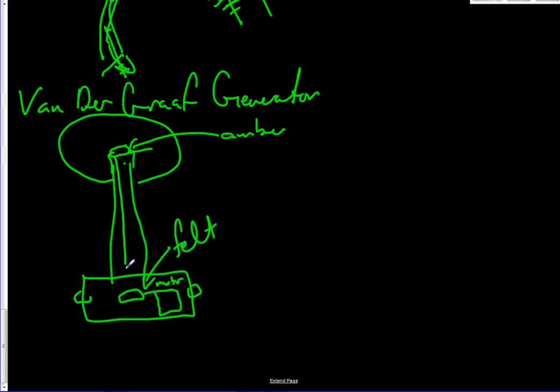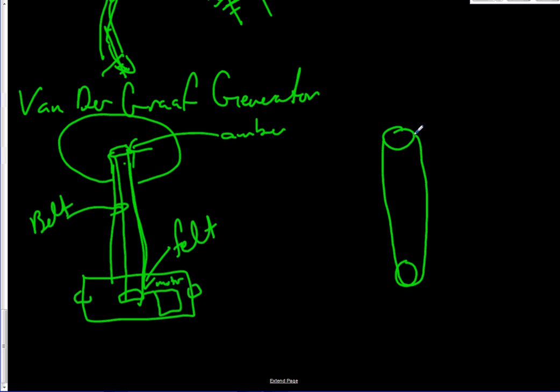And in between this is a latex belt. Okay. So what happens is, I'll just draw another side view of this. So here's this belt, because that's the important part. This belt rotates, and there's an interaction between the latex and the rollers.